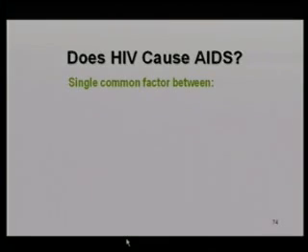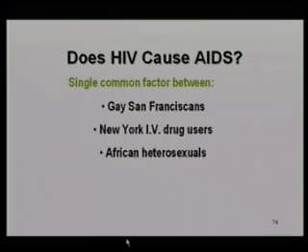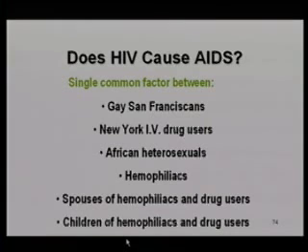Does HIV cause AIDS? I've already alluded to the answer to this question. There's only one single common factor between a gay San Franciscan in the 1980s, a New York drug abuser, an African heterosexual, a hemophiliac, resulting in AIDS in these populations: HIV infection. The one common factor.